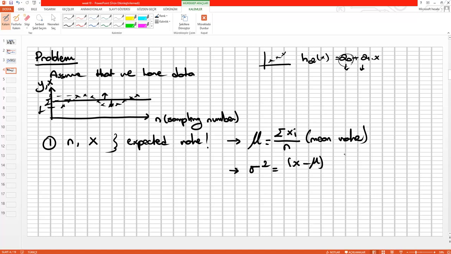Okay, and so if we take a square in here like this one, this converts the negative and positive values to positive values, and if we divide by n, we can say that that's the variance value. If we take the square root of this term, this is the standard deviation. Okay?